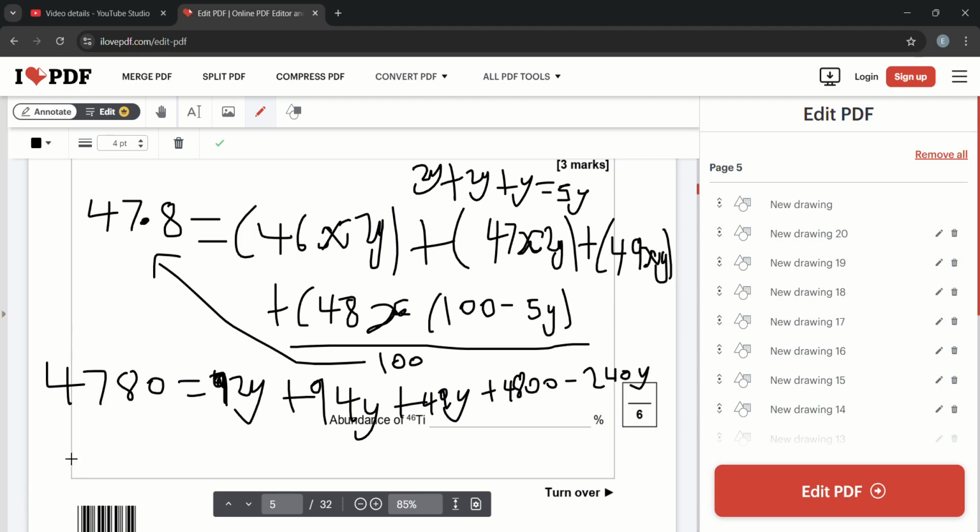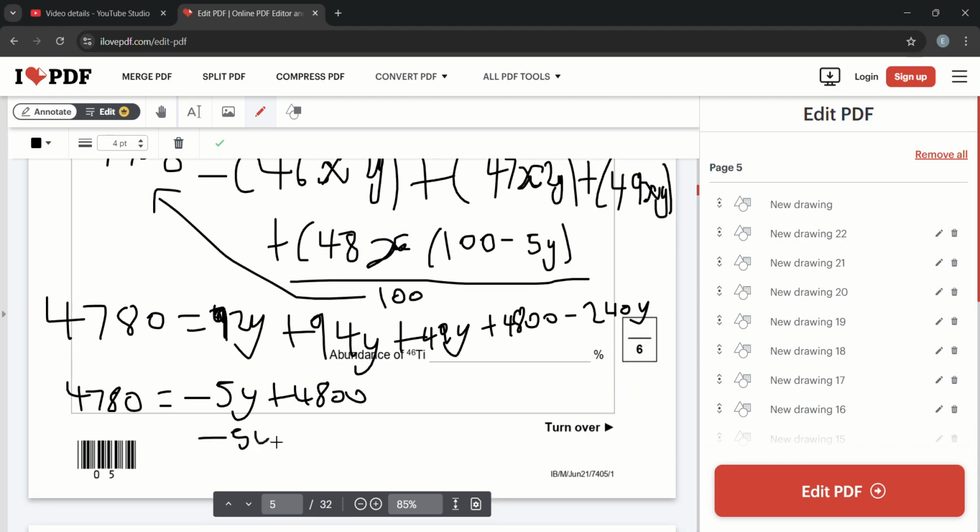Now there's a lot of terms here, so let's just take it step by step. So we got 92y plus 94y plus 49y minus 240y, so we get minus 5y, plus 4800.